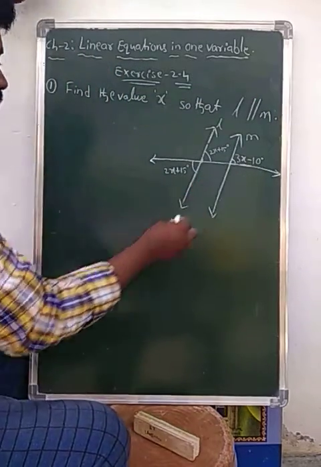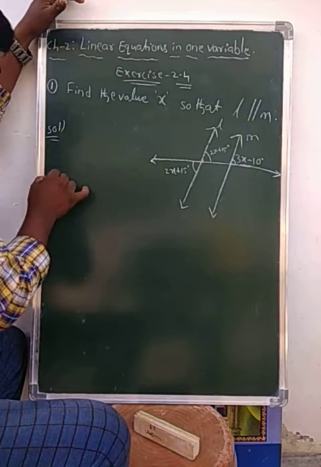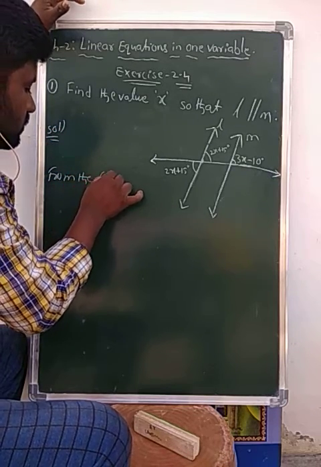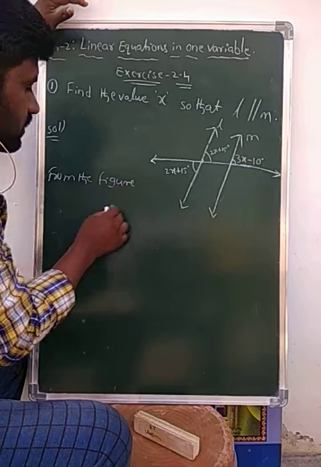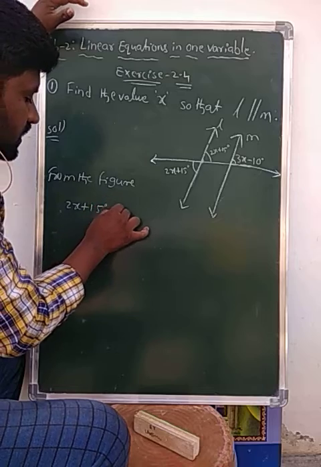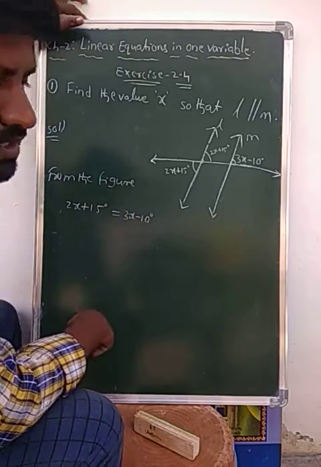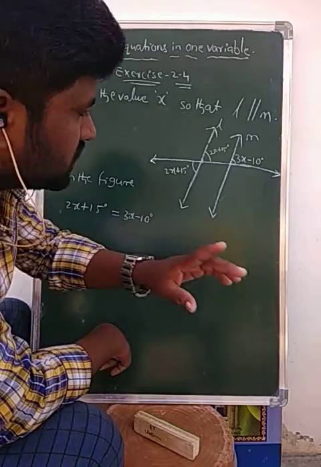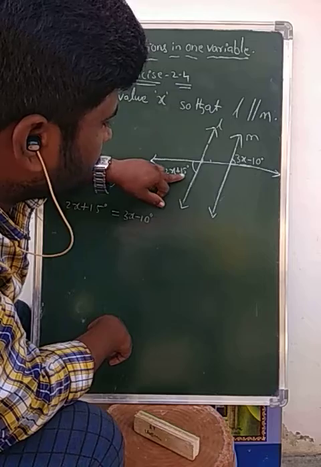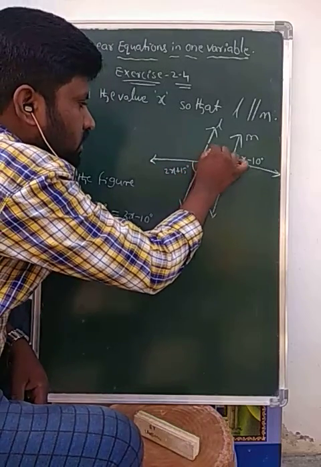Okay, so then what I am doing here, from the figure, 2x plus 15 degrees is equal to 3x minus 10 degrees. Is it clear for you? In the first step, actually 2x plus 15 degrees is not given here, but these two are vertically opposite angles.